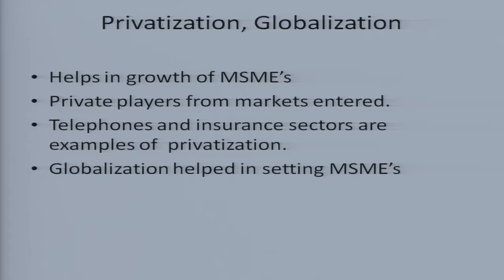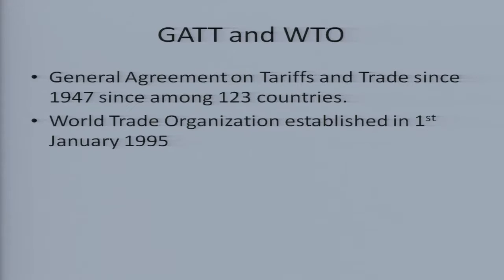So through this, we see two different organizations or treaties which were introduced. The first one is GATT, the General Agreement on Tariffs and Trade, since 1947, and 123 countries across the globe were part of this treaty.